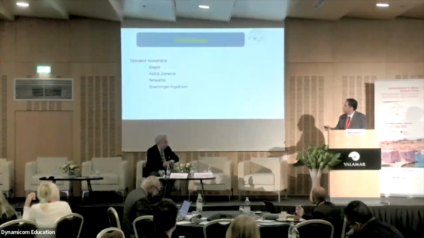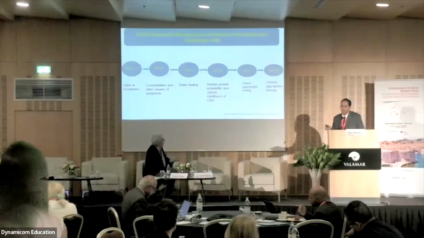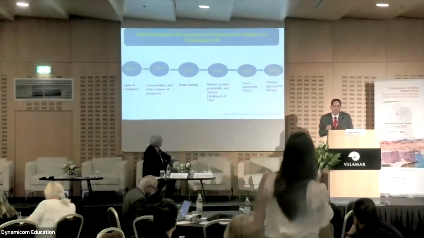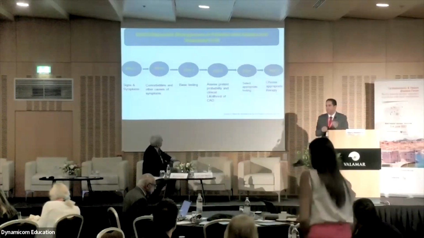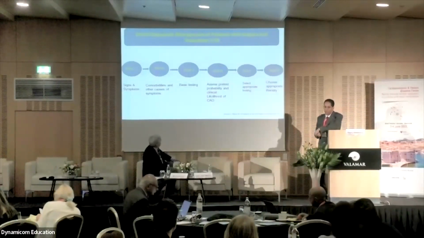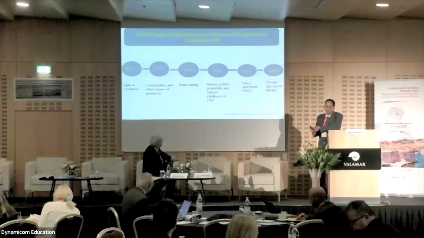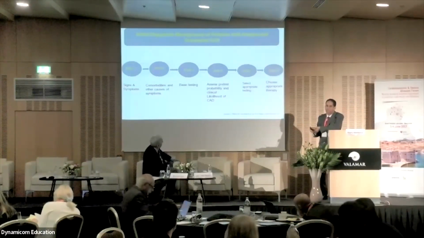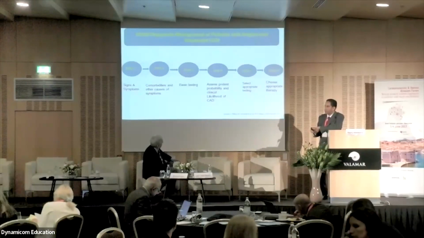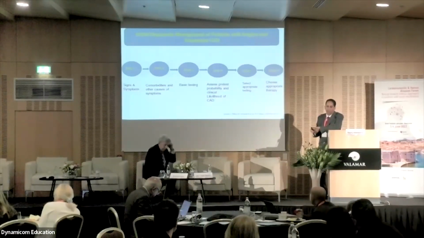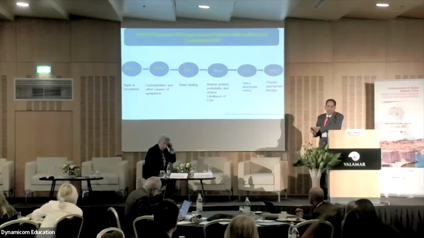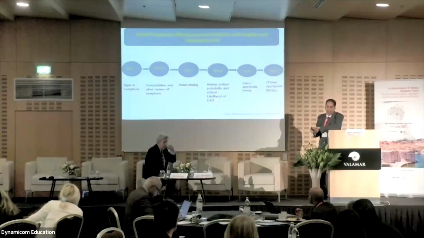This is my disclosure. And we know that the initial diagnostic management of patients with angina and suspected coronary artery disease should pass in different steps. So first of all, proper history taking and clinical evaluation to assess symptoms and signs. We have to assess for comorbidities and other causes of symptoms. We have to do the basic testing for every patient.